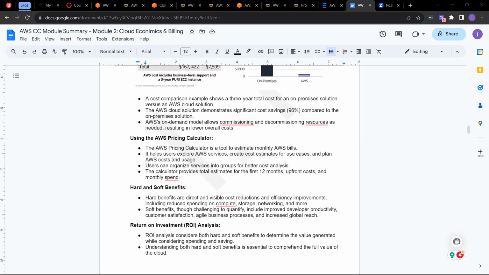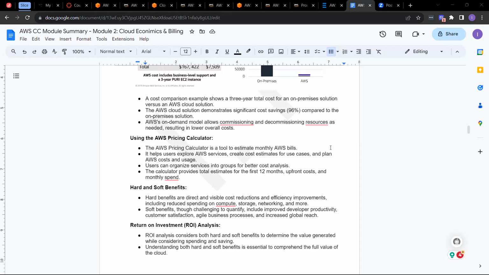And what are the options? Yeah, so you have the pricing calculator, you have the cost explorer, and then you have AWS Budgets.